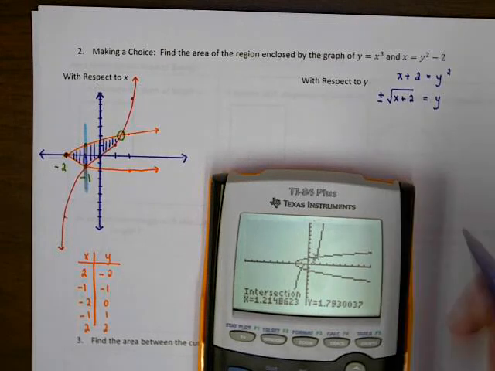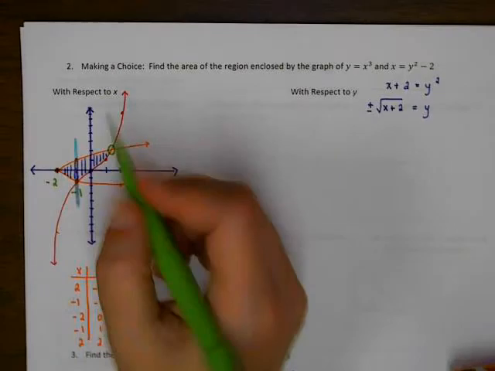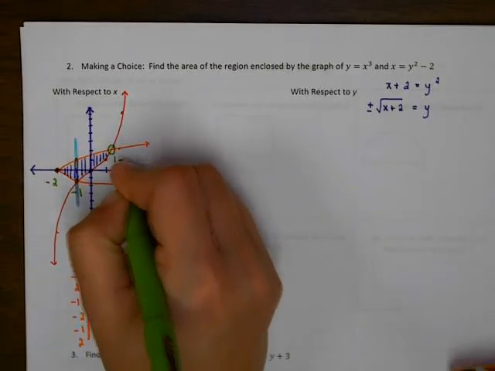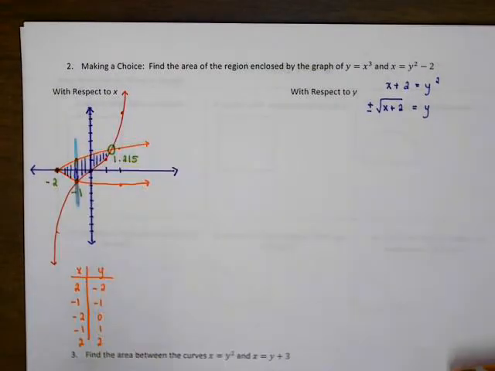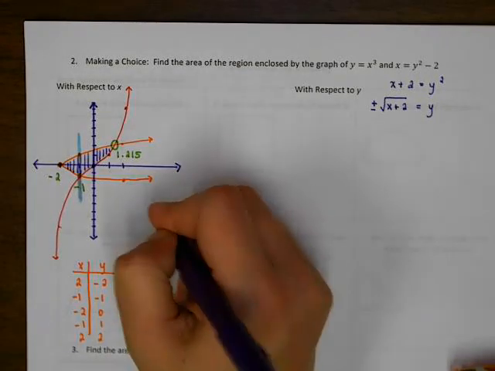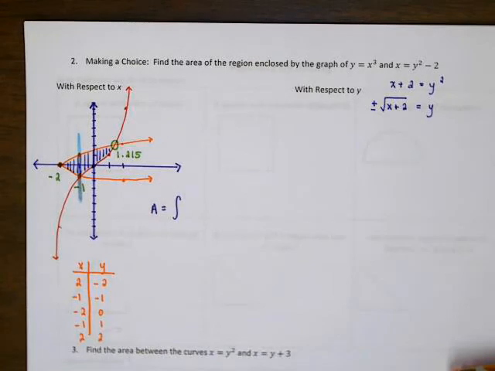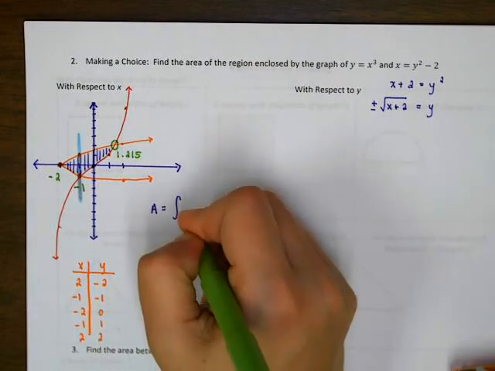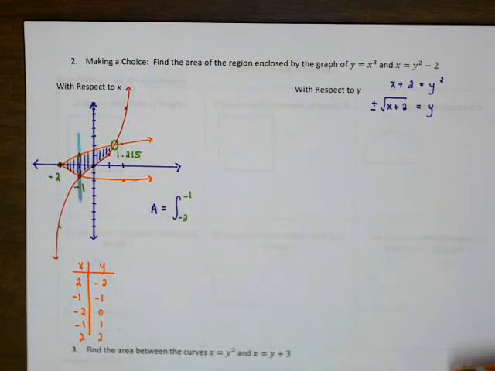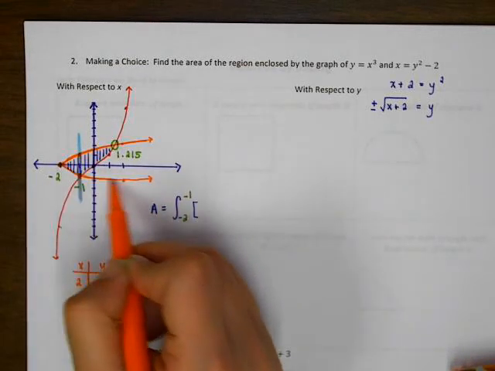And I got x equals 1.215. So in order to find the area with respect to x, I'm going to integrate first from negative 2 to negative 1, and I'm going to do top minus bottom, which in this first region is orange minus orange.